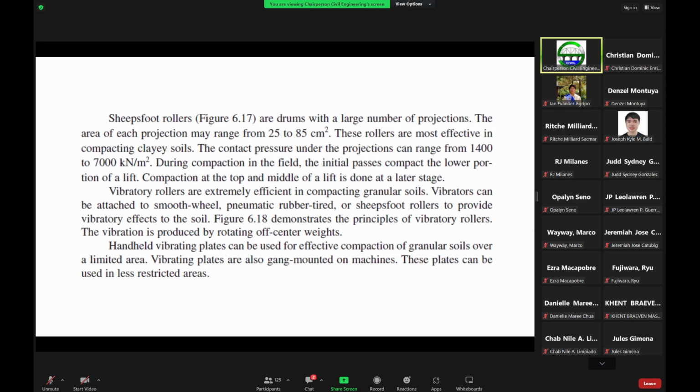So let's say on the remaining 1 meter, for example, from the edge of the slope or the embankment, then we normally just use the vibrating plates to compact these areas, because it's very important to compact the edge corners of an embankment slope or a natural slope or a fill slope. This is the case in a mechanically stabilized earth wall, for example, or a reinforced slope. This one I discussed in the masteral degree.